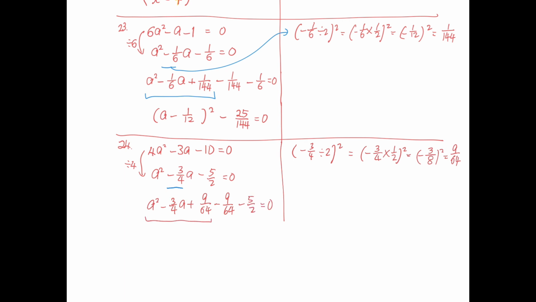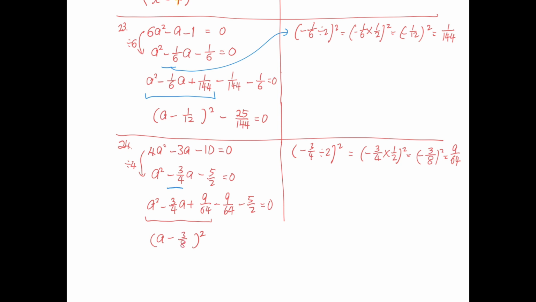So again, the first three terms are a perfect square, so we factorize it. And we take minus 3 over 4 divided by 2, which we have done here inside the bracket, which is minus 3 over 8.